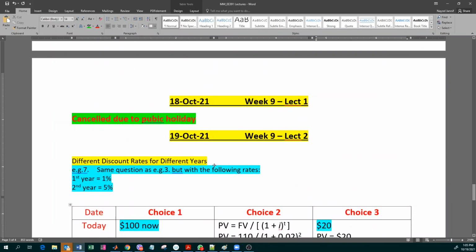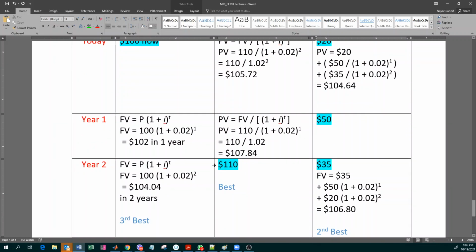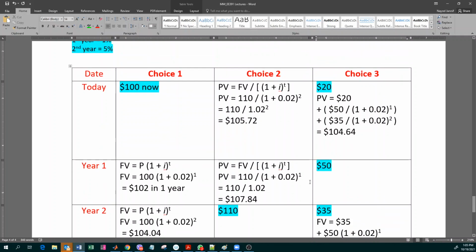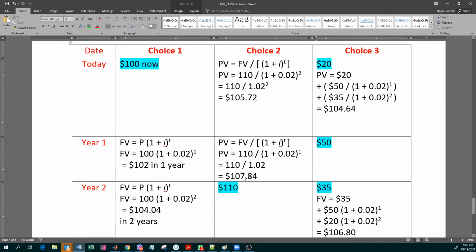So now we are looking at different rates. Let me clean this up a little bit because we're going to change the rates. Now let's roll back and select today's time frame as the value.